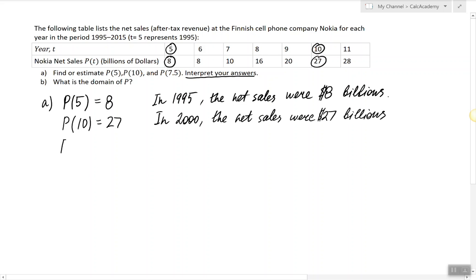Now, for 7.5, 7.5 is not in the domain of this function, so we can only speculate about the output of the function at 7.5. So by looking at the trend, we can assume that the output of the function at 7.5 is between 10 and 16.